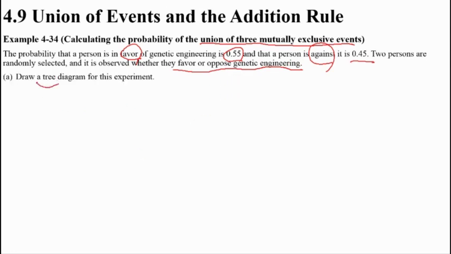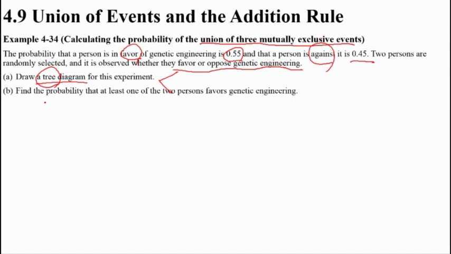First of all, draw a tree diagram. You know, a tree diagram looks like that, right? And second, the probability that at least one of the two people favors genetic engineering. At least one means one person or two people.